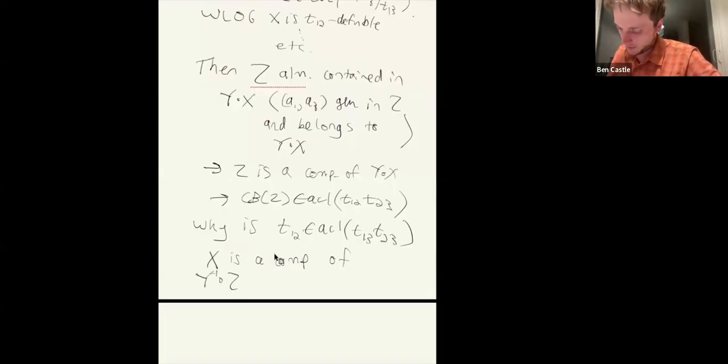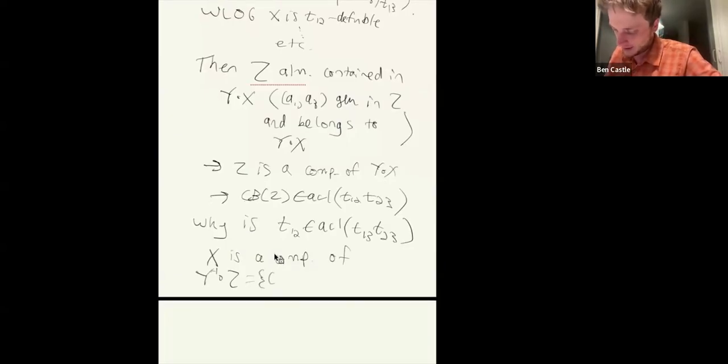All right, so Y inverse composed with Z, what that means is it's the set of X, Y so that for some Z, you get XZ in Z and YZ in Y. Okay, so it's a composition, but you have to cancel, you have to go backwards.